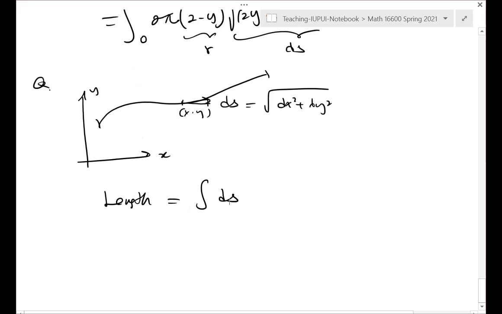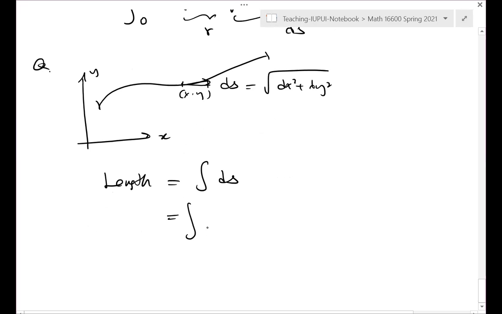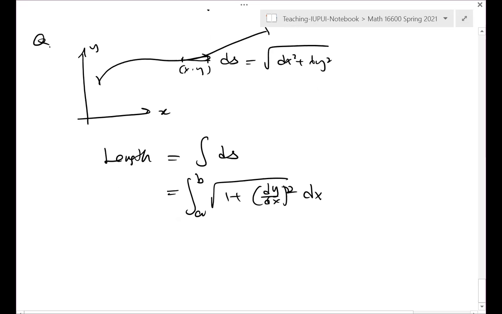If you want to use the x variable, then you write it that way, and you also have to determine the interval from a to b, so it depends on the problem. If you use the y variable, then you take dy out.